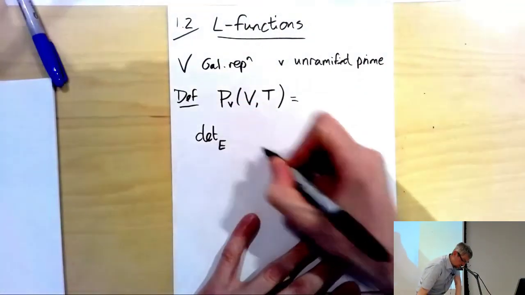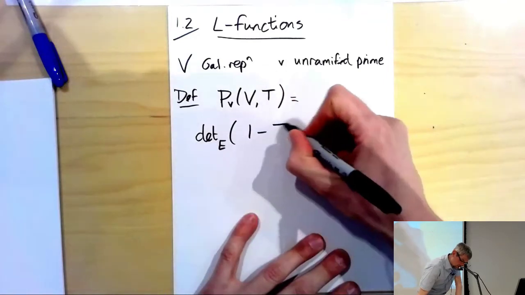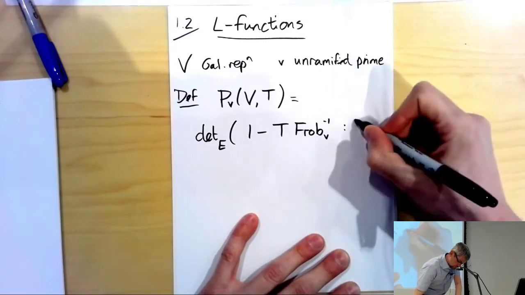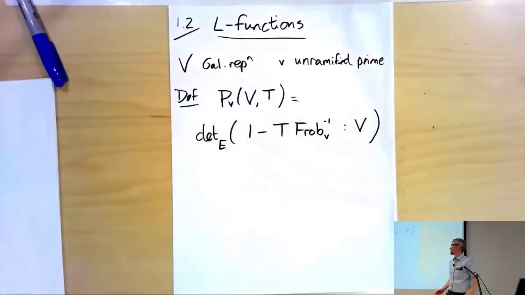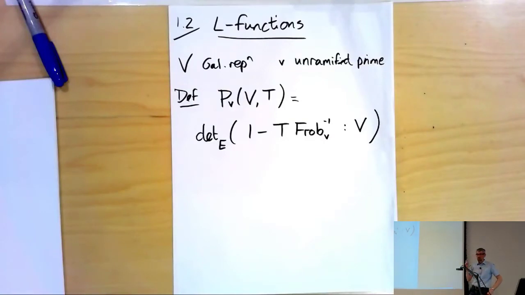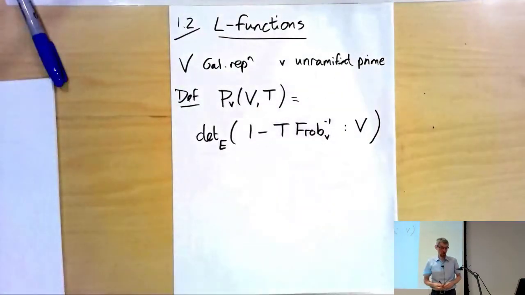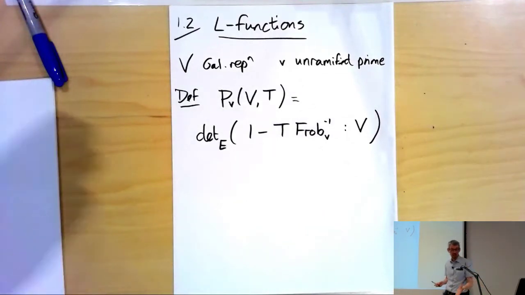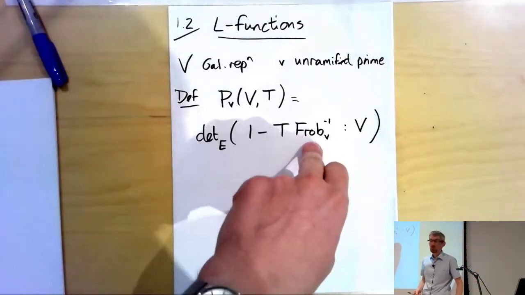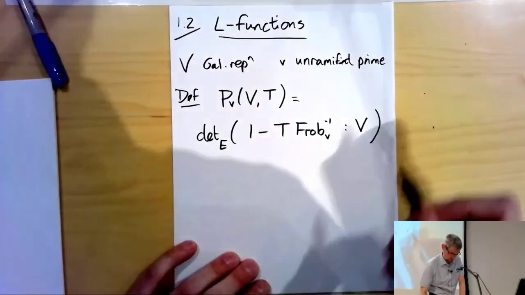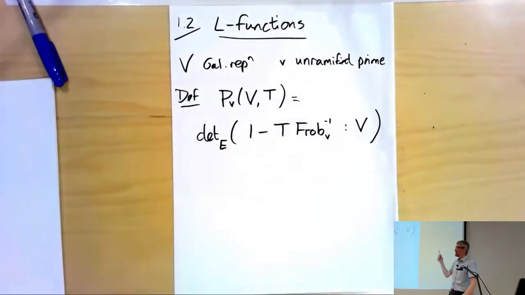That's going to be the determinant of an E-linear operator, which is 1 minus t times the inverse of the arithmetic Frobenius acting on V. So the Frobenius is only well defined up to conjugacy and up to the inertia subgroup, but because inertia acts trivially at v, this is a well-defined endomorphism of V up to conjugacy, and we can take its characteristic polynomial. So this is a polynomial in the variable t of degree equal to the dimension of V.